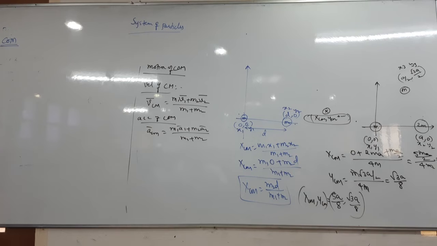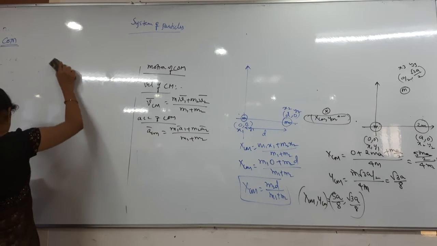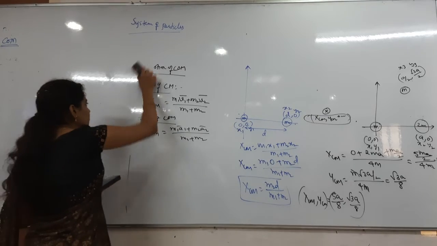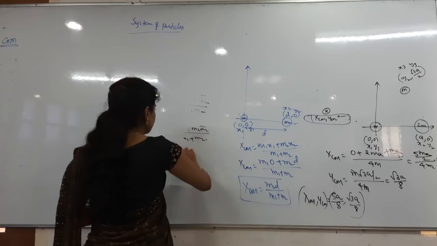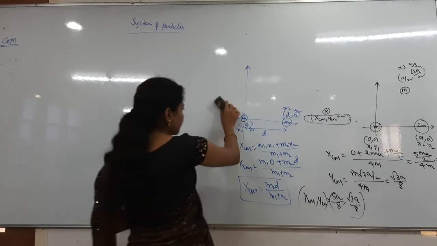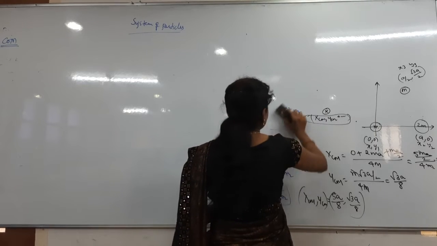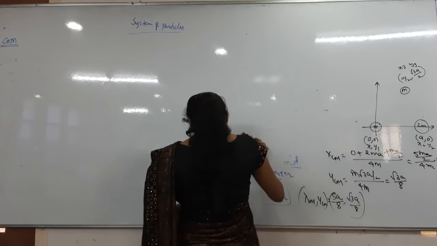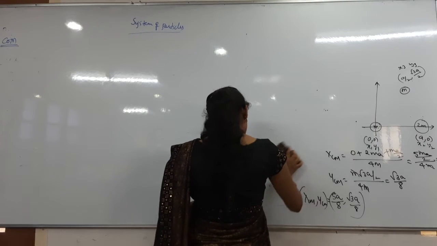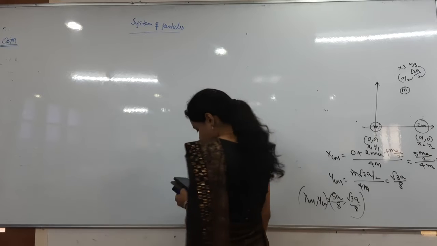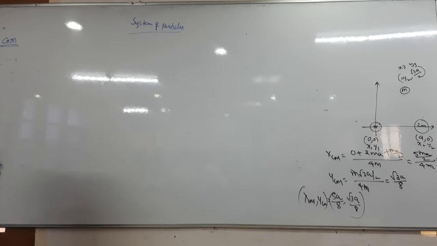Calculate the center of mass of the cube of side A, such that equal point masses m are placed at each vertex.